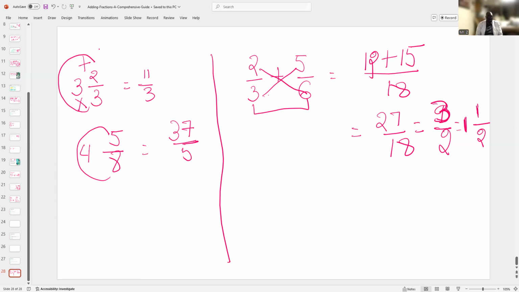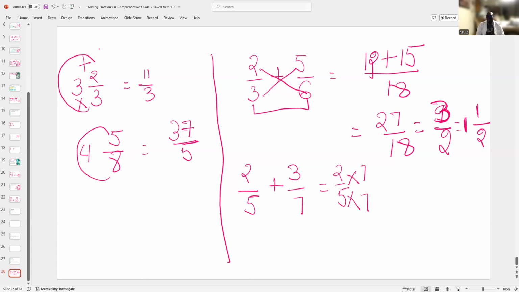Let's get another one. 2/5 plus 3/7. Right here, I'm going to use another approach. I'm going to multiply the first numerator by the denominator of the second fraction, and multiply the denominator of the first fraction by the denominator of the second fraction.